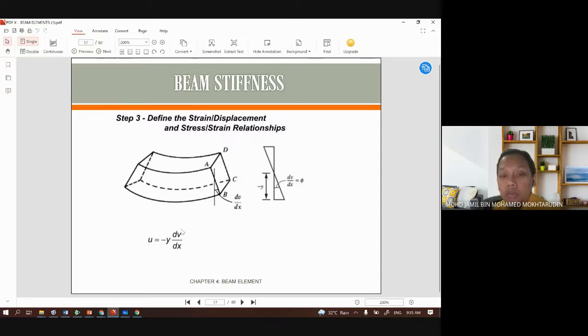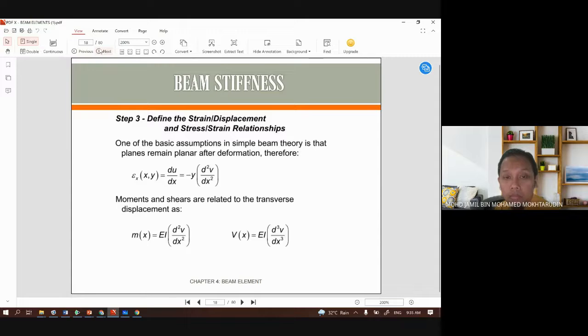I think the derivation didn't show here. So u equals negative y dv dx. So y here is the height of the beam. So the strain equals du over dx equals negative y d squared v over dx squared.